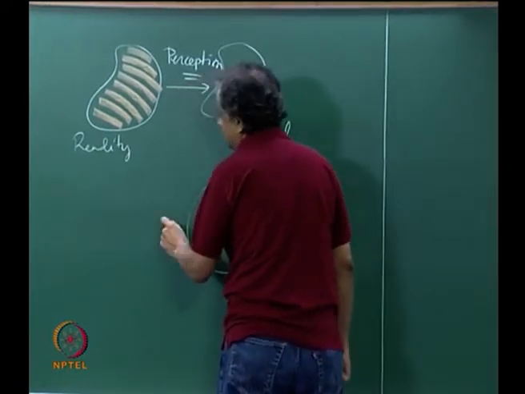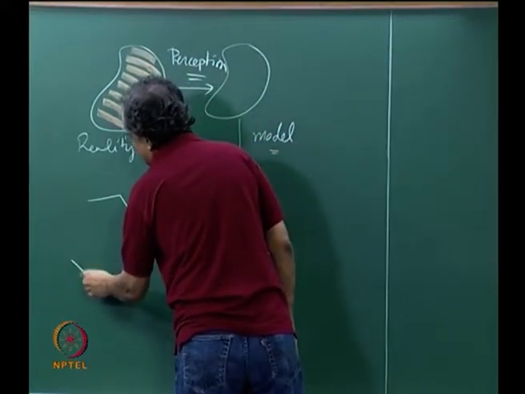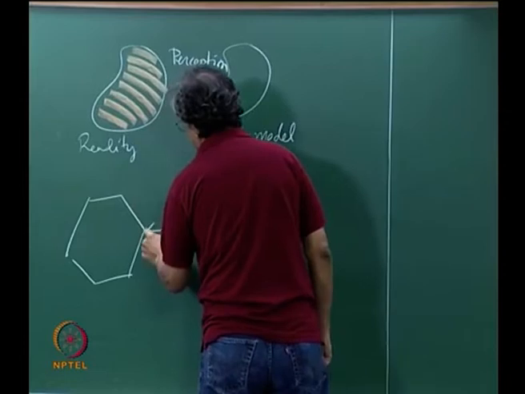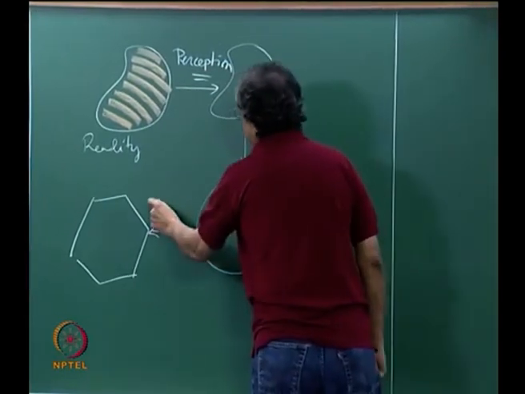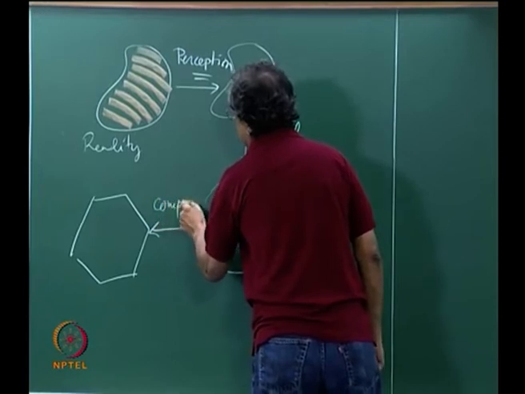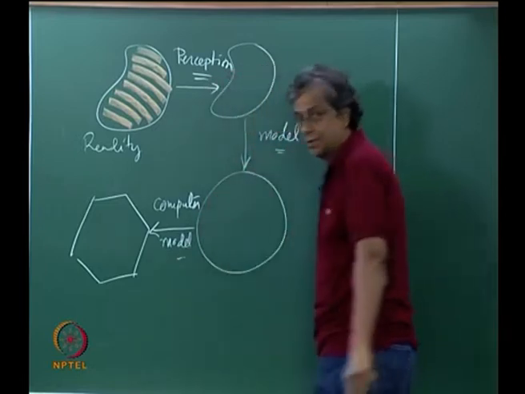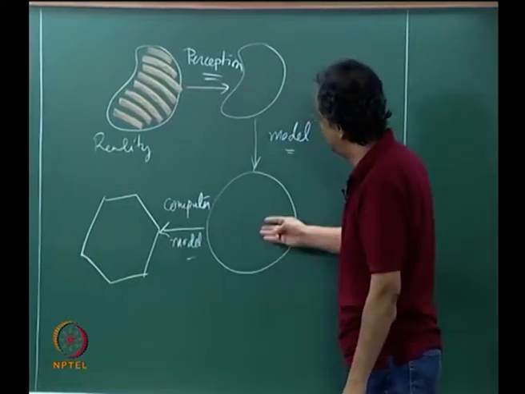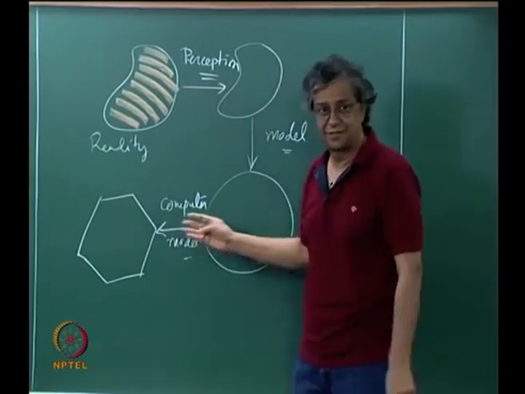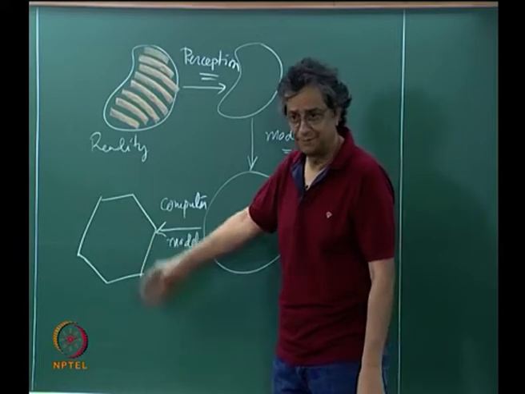So then where do we go? Then we go to the computer. This is deliberately, geometrically supposed to represent the fact that this has an infinite number of sides, while that has only a finite number of sides.